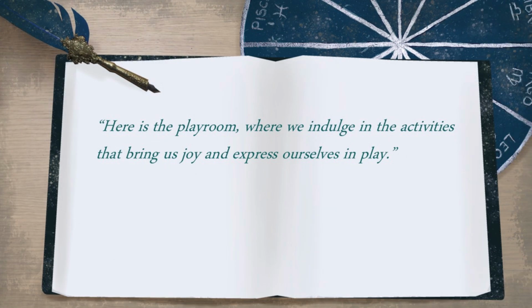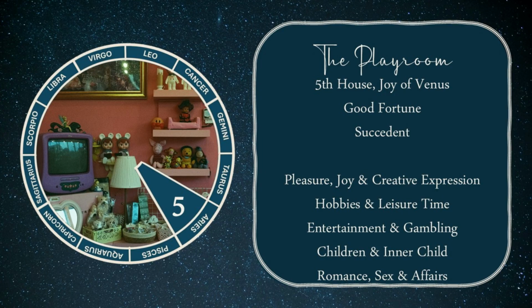Here is the playroom where we indulge in the activities that bring us joy and express ourselves in play. The fifth house, a moderately strong succeeding house, also called good fortune, is the place where the goddess of desire, Venus, finds her joy.